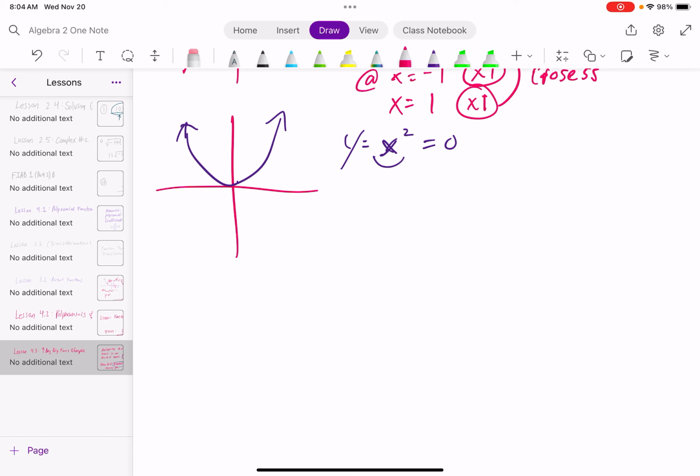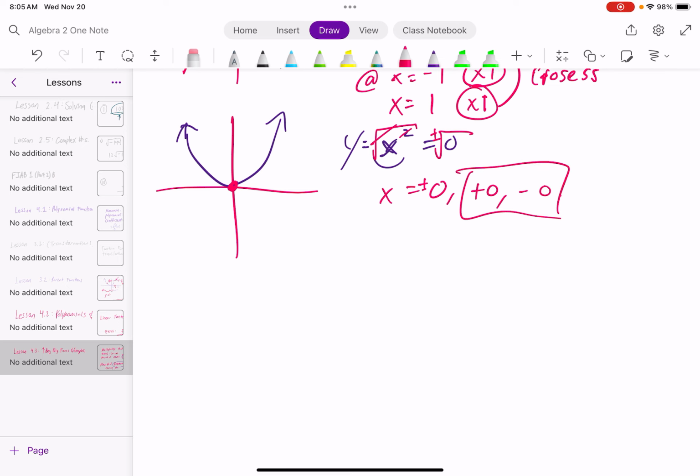We're going to square root both sides, and we get x equals 0. But it's plus or minus. It's still 0. So basically, you have one x-intercept right there. So you had plus or minus 0, so your results are positive 0 and negative 0, right?